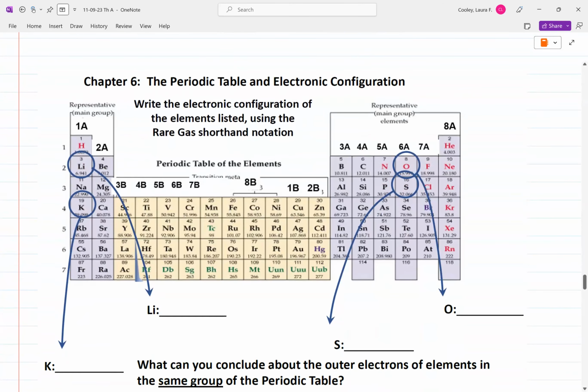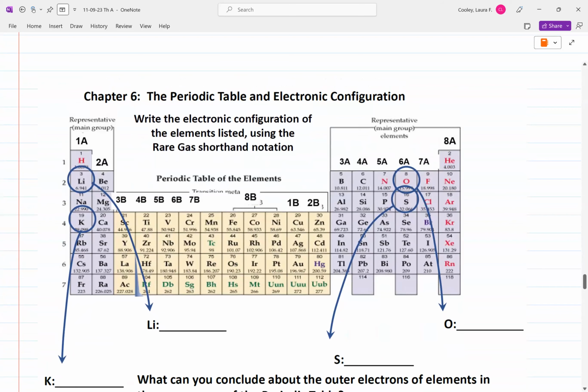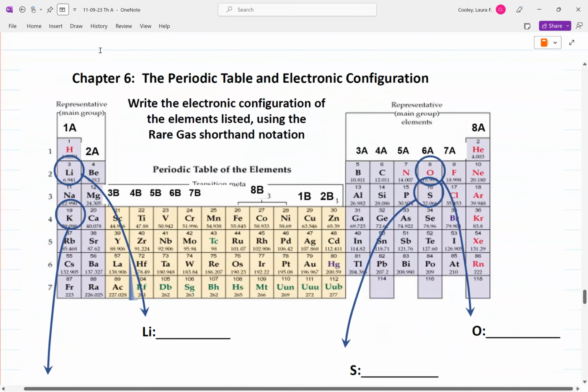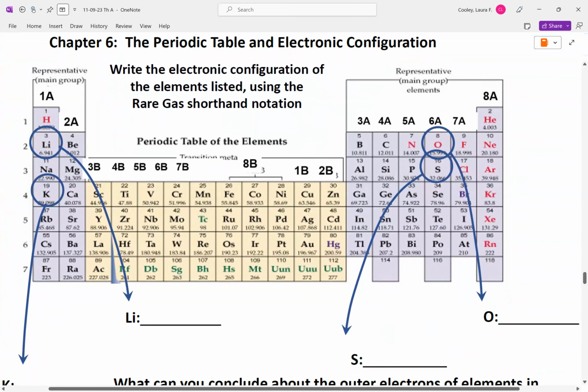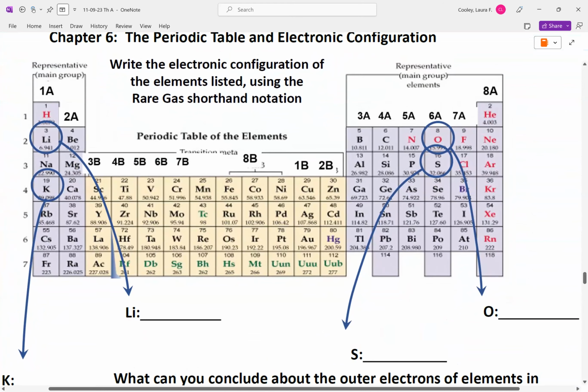So I'd like you to take this piece of paper that I gave you. If you take a look at this and you put the electronic configurations of these different elements that are specified. So lithium, we already did, is 1s2.